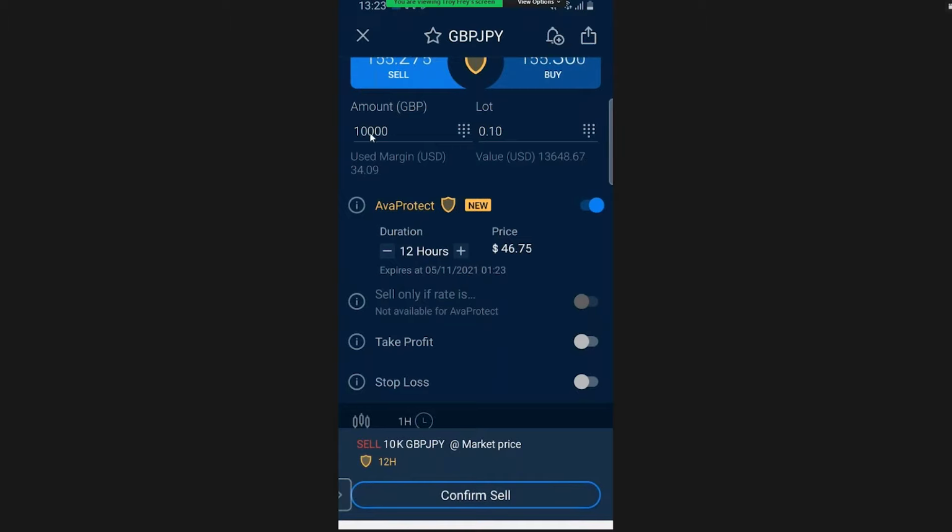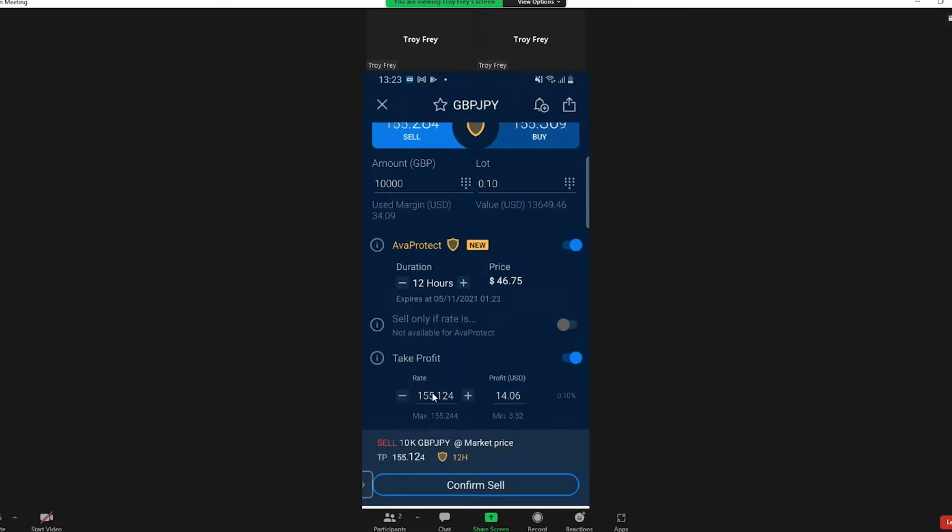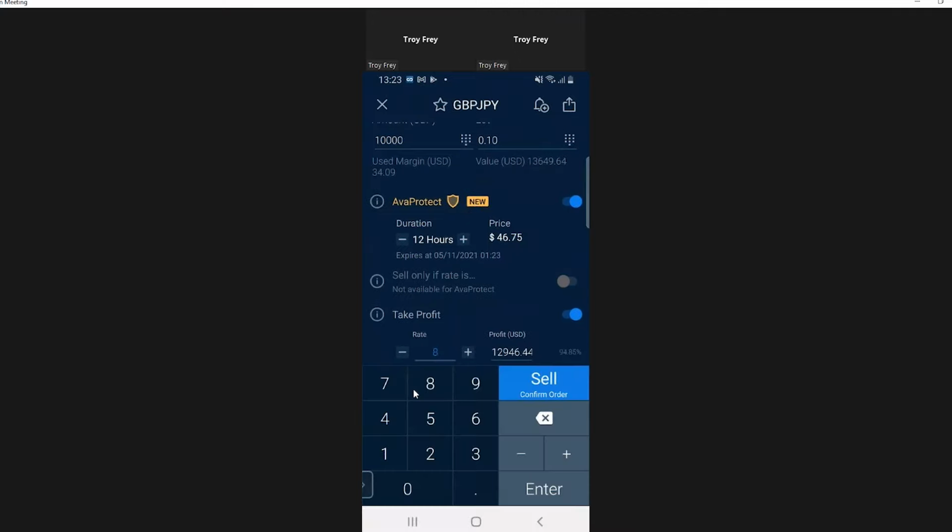And as the trade size goes up, obviously the cost of the protection would too, but so would your potential profit. And that's what we're looking for, obviously, a profit that makes sense for you. So if I go down and I program my take profit, let's say I think the price could go up to a certain level based on the chart.